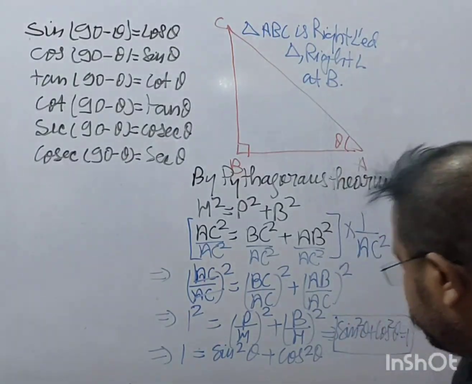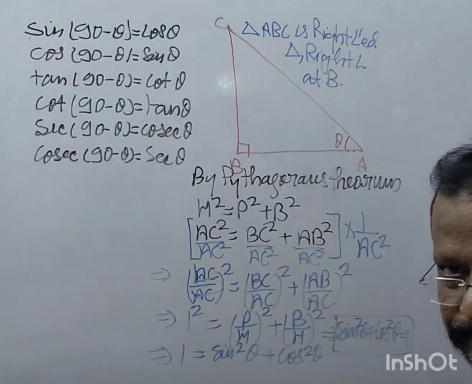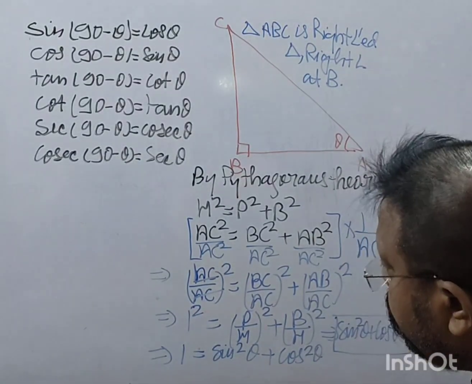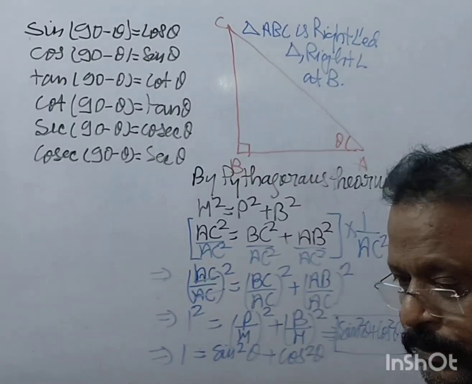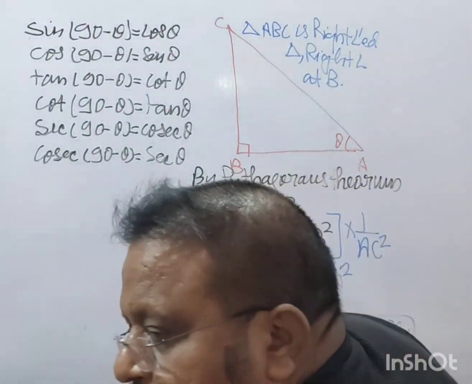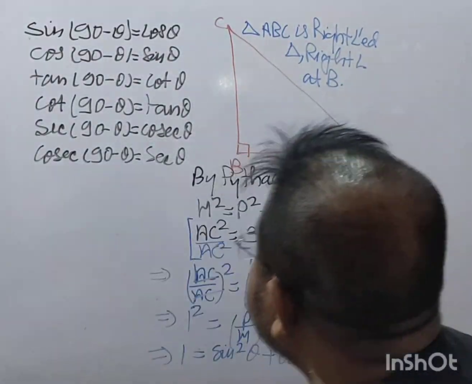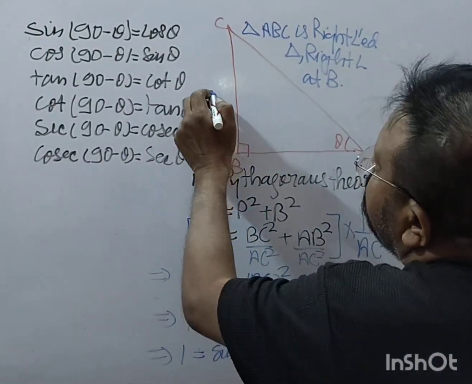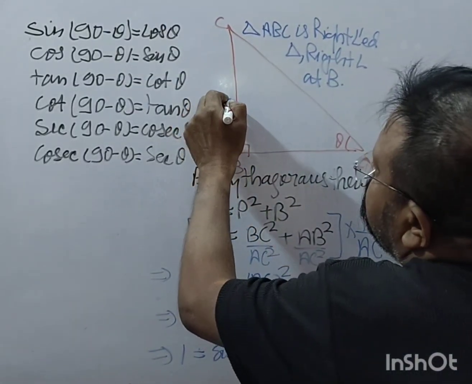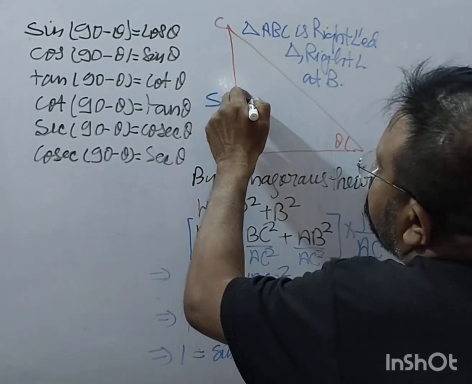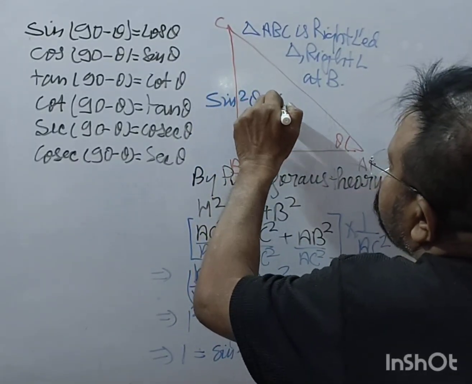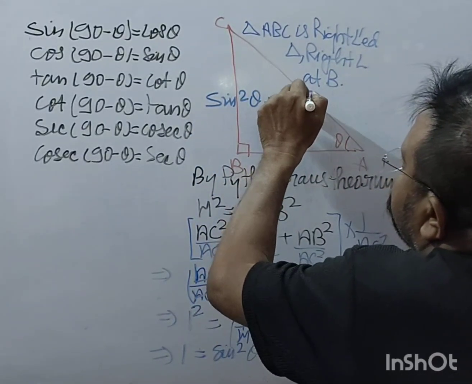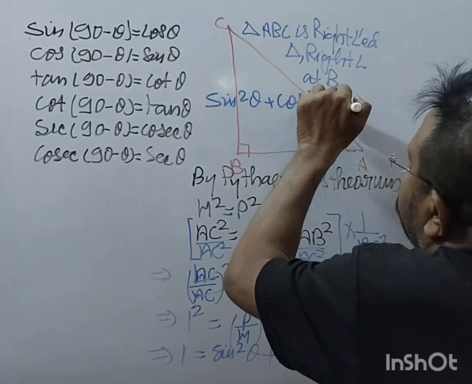Right? This formula we already used. We can write it in this format also: sine square theta plus cos square theta is equal to 1.